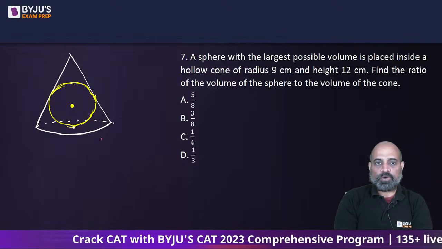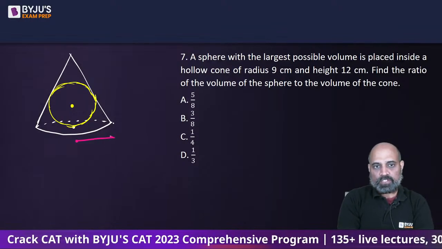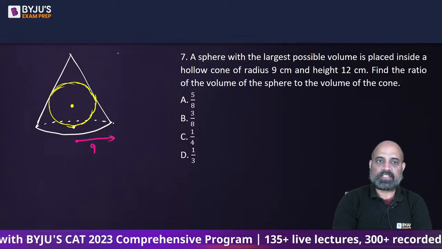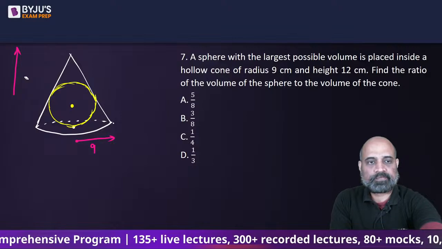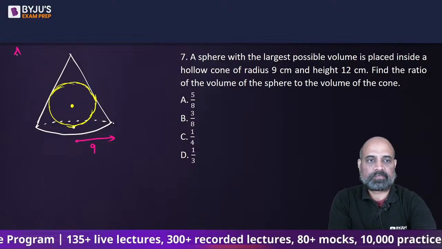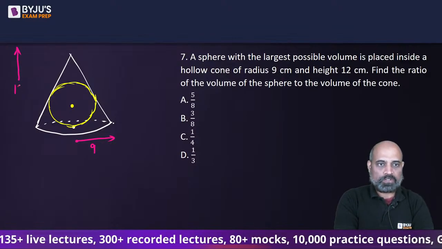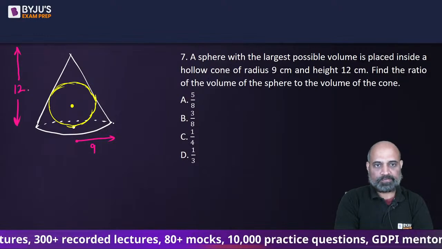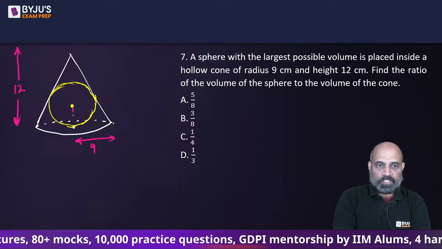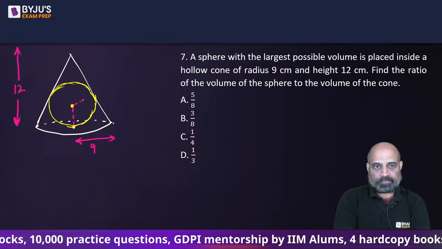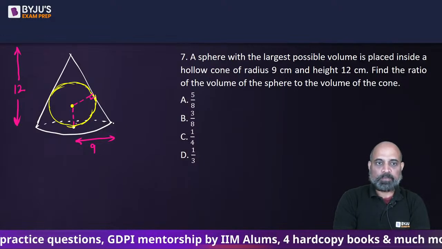Now, the cone has a radius of 9, so this is going to be 9, and the height is 12. So this is 12. So if we look into this, this is perpendicular, right?